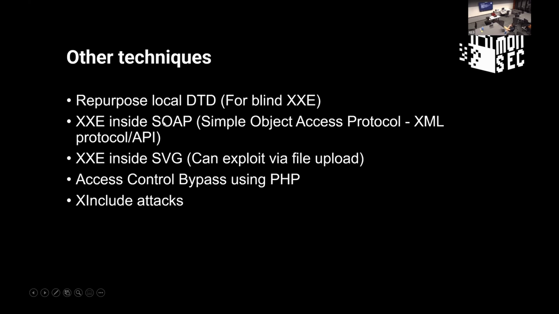You can do XXE on that. You can also embed XXE inside an SVG, and this can be useful if the web application has a file upload feature. And there's also access control bypass using PHP and XInclude attacks, but we will not get into these for today's workshop.